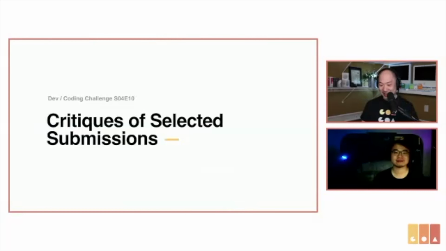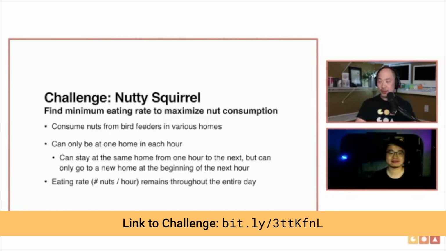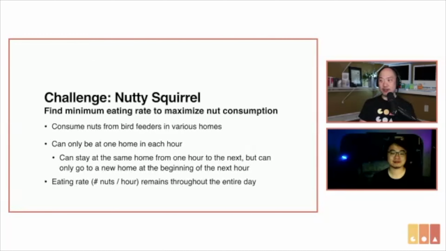Okay, sounds great. So let's walk through what the problem is for this week. We're calling it the Nutty Squirrel. Basically, you have to find the minimum eating rate for each squirrel to maximize the squirrel's nut consumption. So there are various bird feeders in various homes in the neighborhood, and the squirrel needs to consume these nuts.